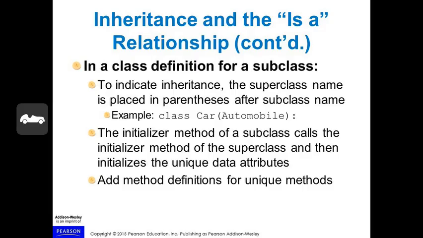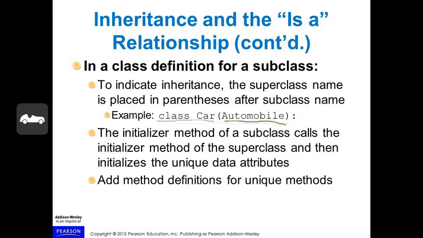So in writing a program in Python to represent an inheritance relationship between 2 classes, we use this kind of format. When we define a class, for example, car, we say this car class inherits the automobile class. So the superclass will be put in parentheses right after the subclass name.